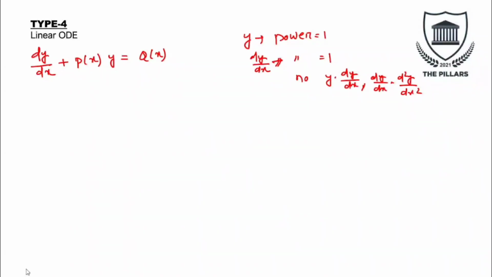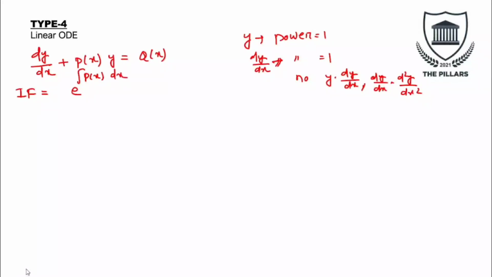Now what we have to do is find the integrating factor in this kind of differential equation, and this integrating factor is given by e to the power integral of p(x) with respect to x.